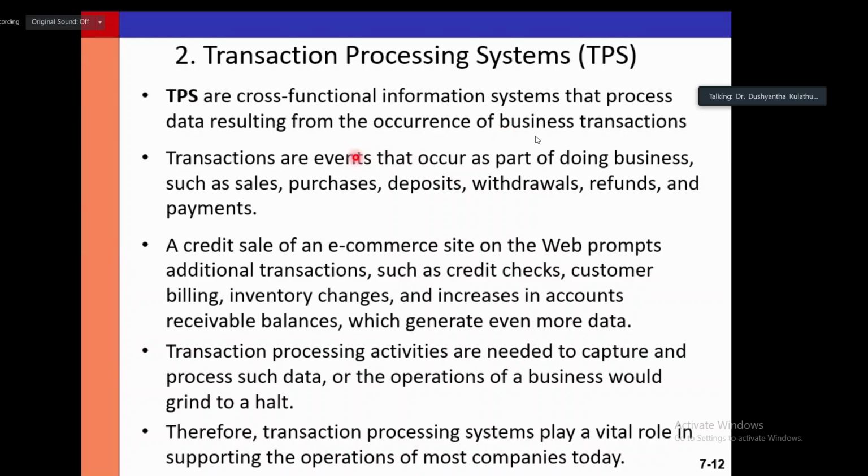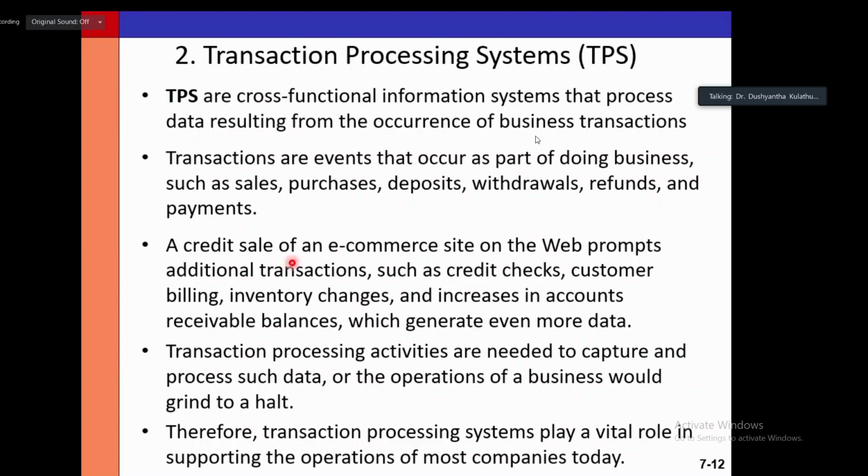In any organization, there will be certain transactions taking place, and the type of transactions may differ between organizations depending on what they are engaged in. Anyhow, those business transactions are processed through transaction processing systems.